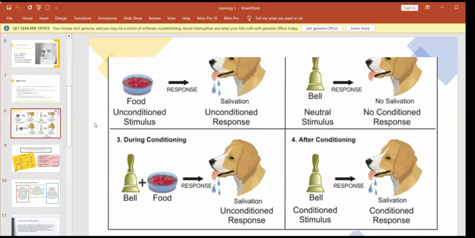The acronyms are not there, but you can look at this picture. You have to use these terms in order to talk about how learning happens in classical conditioning. Okay. Now, the dog is given food, and naturally, the dog salivates.